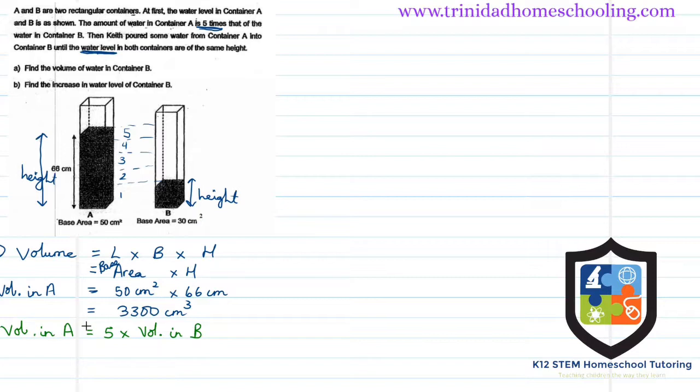The volume in container A is 3,300 centimeters cubed, 5 times the volume in B, which we do not know, and which is what we want to find.